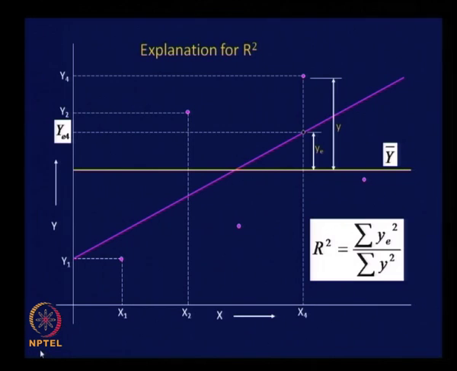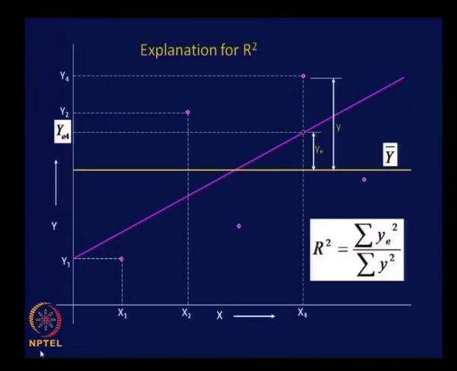Clear? Now, what is the maximum possible value of R squared? You have the picture in front of you and you have the equation. Can anyone tell me what is the maximum possible value for R squared? Yes, 1. Perfect. If there is no deviation at all between the observed and regressed values, obviously the denominator and numerator are going to be the same, is it not?